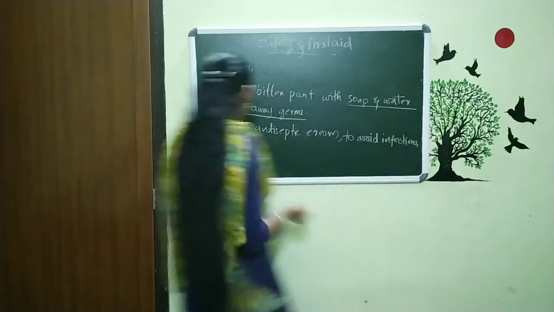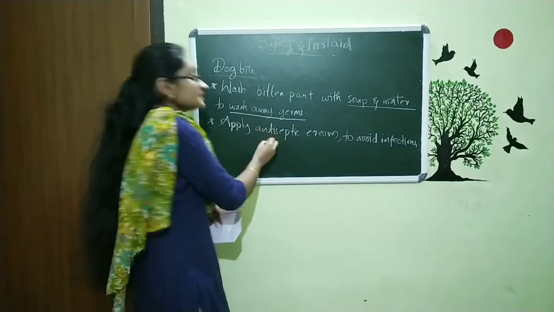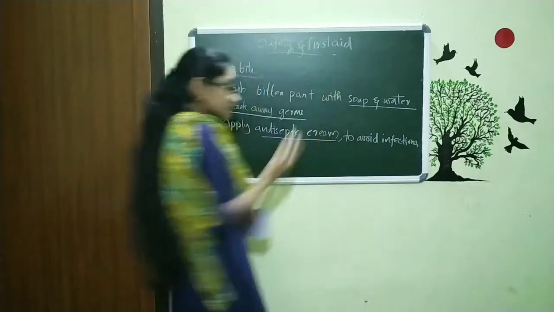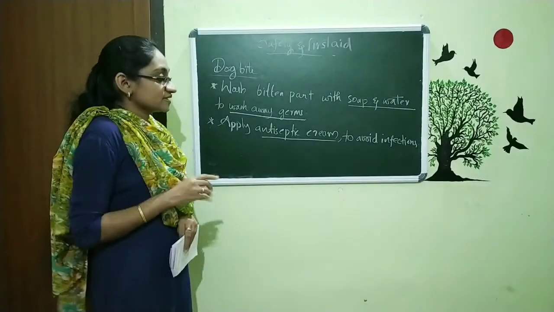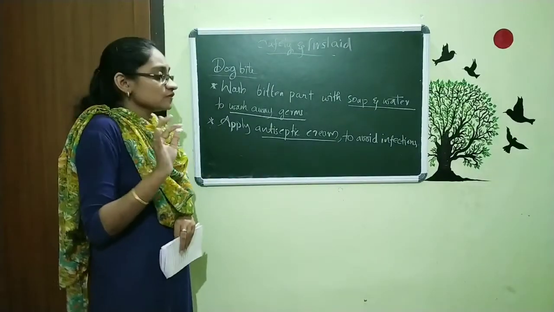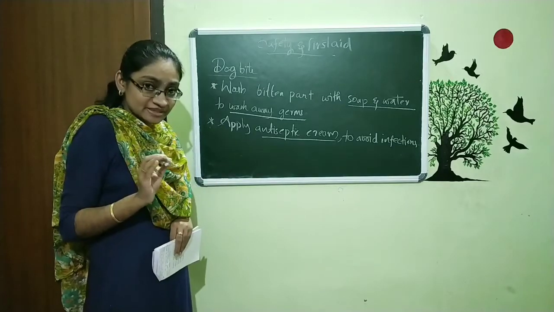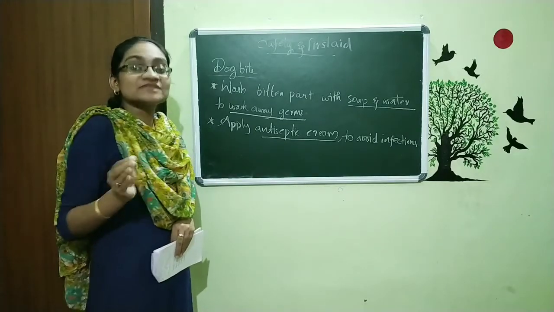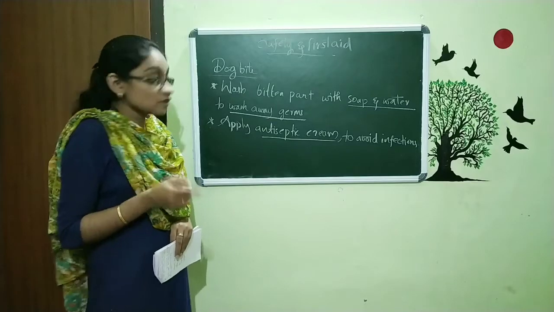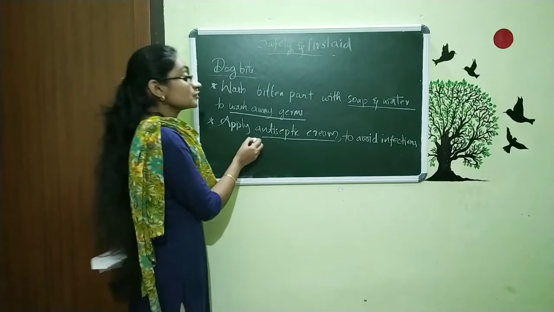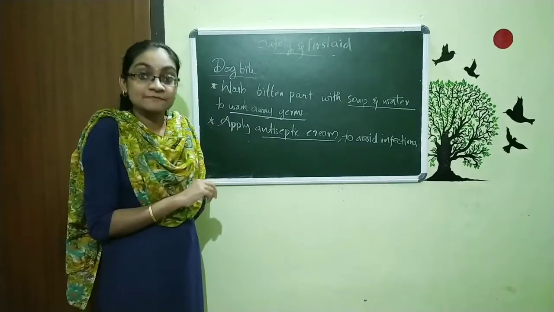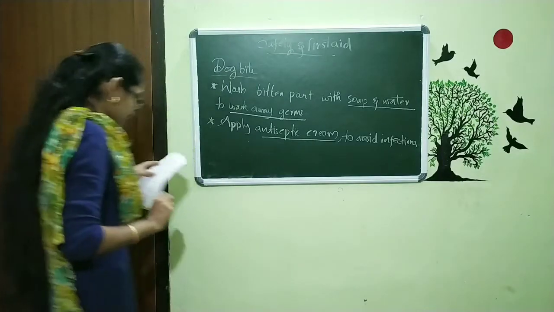Apply antiseptic cream on the affected region to avoid infections. If we just leave it, some sort of infection occurs. Infection means the attack of germs. So to avoid that, we apply antiseptic cream. That is the second point.